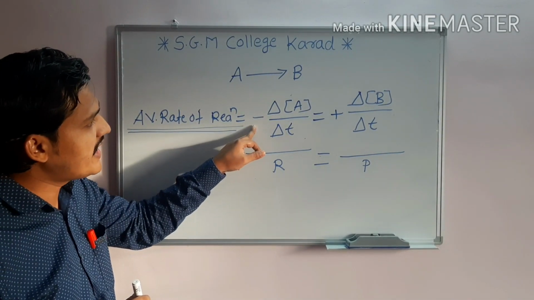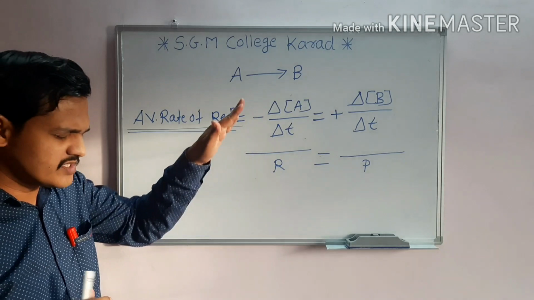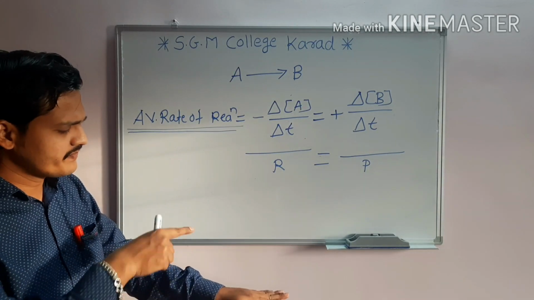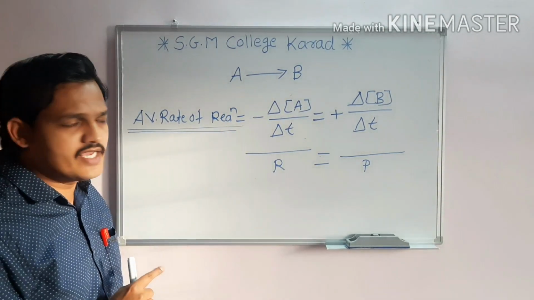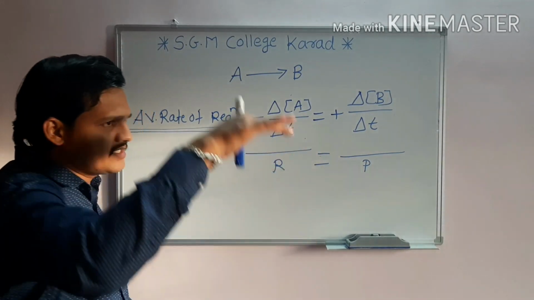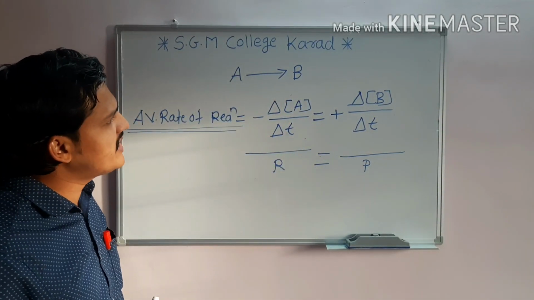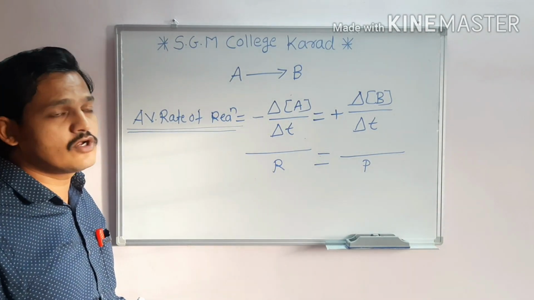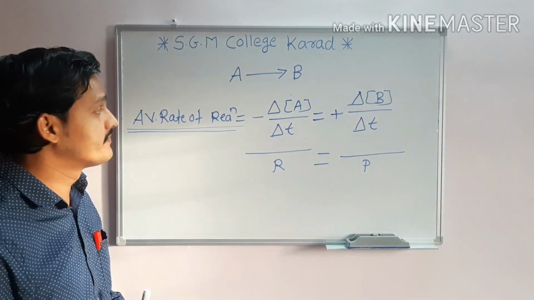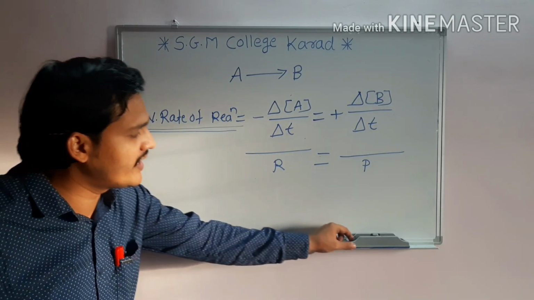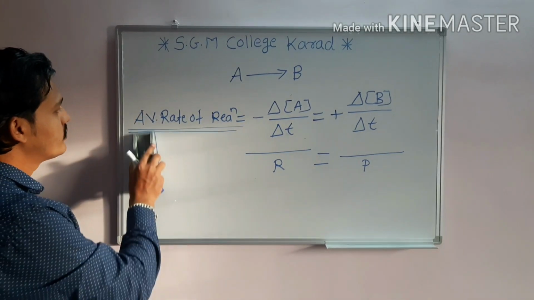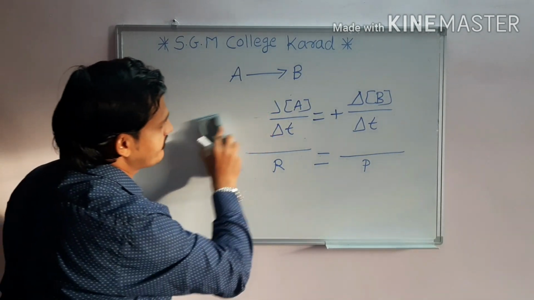The concentration of reactant decreases, so a negative sign must be added to the reactant side, and the concentration of product increases, so a positive sign must be added to the product side. But this is not sufficient for us, so I am going to tell you in detail why the negative and positive signs are added to the reactant and product sides.